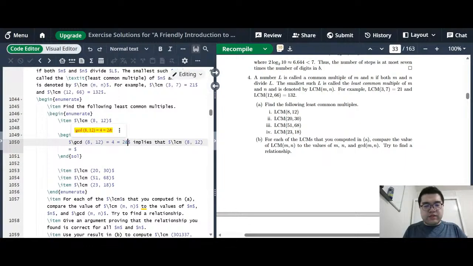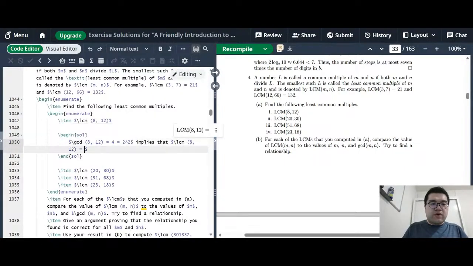GCD is equal to this 4, which is equal to 2 squared. Okay. So what we actually need to do is, for the LCM, we're going to rewrite those numbers into unique prime factorization. For example, 8 is equal to 2 times 2 times 2, or 2 to the third power, and then we're going to rewrite 12 as 2 squared times 3.